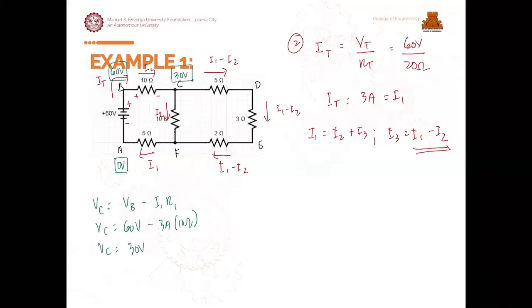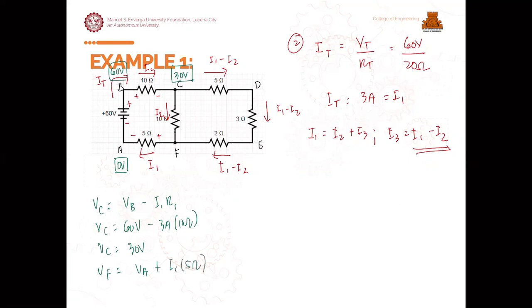Then let's look at the bottom. The flow of our current here is going to the left. If it goes to the left, it enters here at the positive and exits at the negative. If we look for the voltage at point F, from point A going to F, we are going towards the positive, so we have a voltage lift. So VF will be equal to VA plus I1 times 5 ohms.